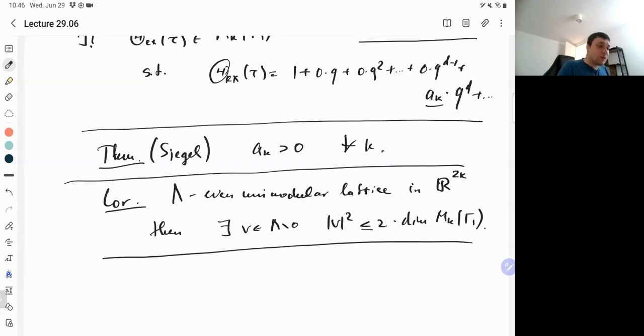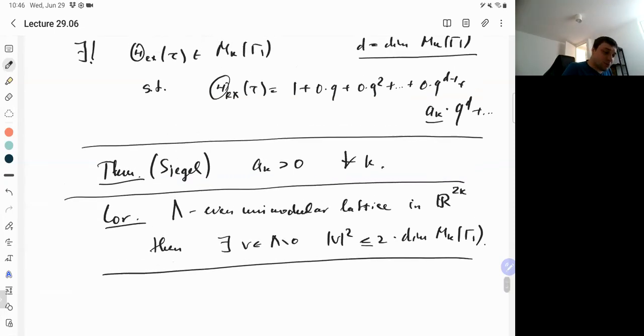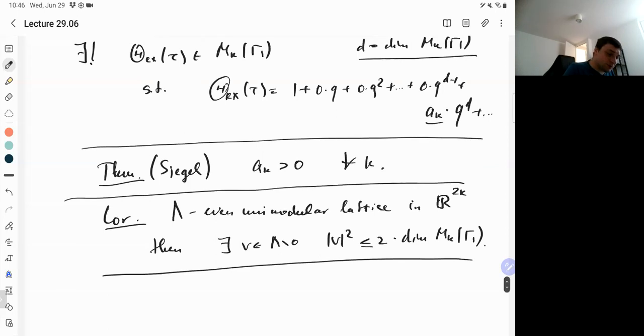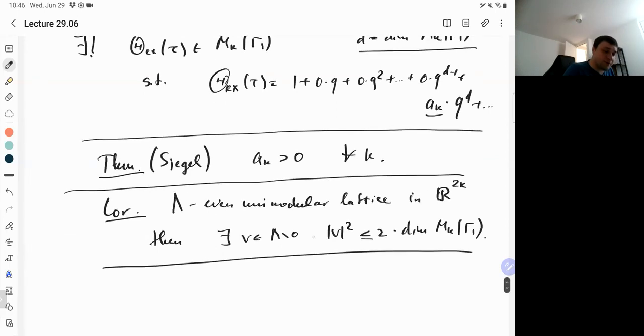Sorry, less than or equal. And why is that the case? Well, if it were not true, if you look at the theta function of this lattice, theta_Λ(τ) would be 1 + O(q^(d+1)).